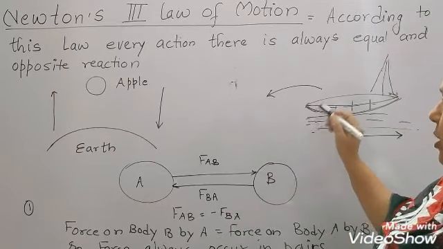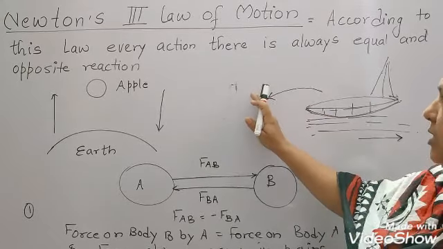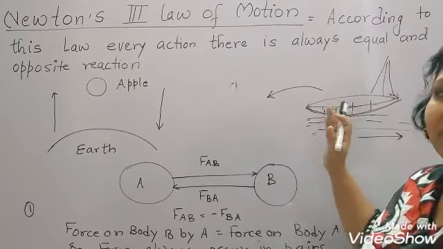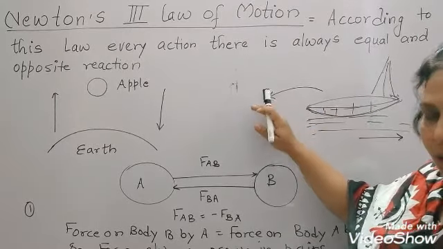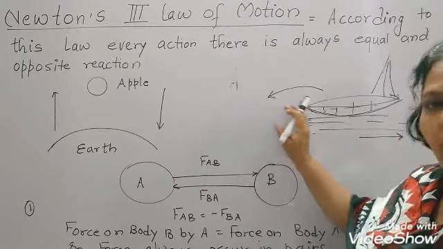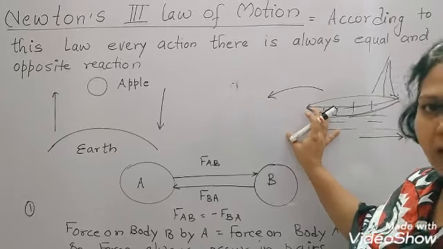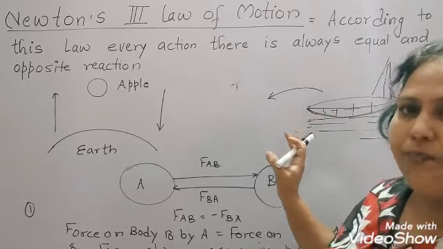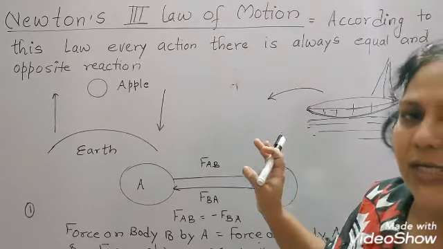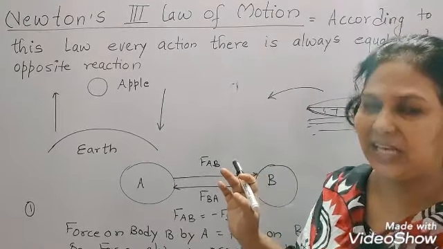So here, if you say that the man is applying the force on the boat, that is the action. The boat applies the force on the man, that is the reaction, and both are working at the same time. The action is on one body and the reaction is on another body, so no cancellation will be there.